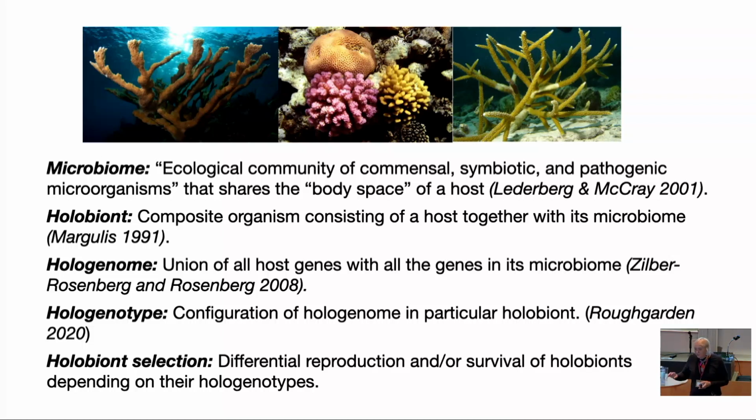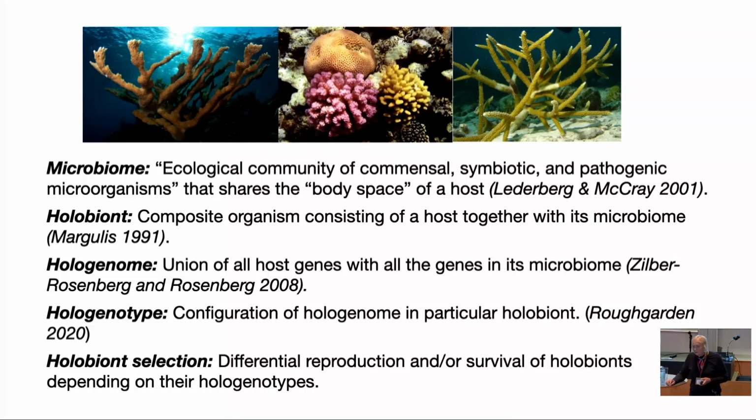Now, a holobiont then is a composite organism consisting of a host together with its microbiome, and I do credit Lynn Margulis with that, even though there could be some contention on the point. And a hologenome, then, is the union of the host genes with all the genes in the microbiome.